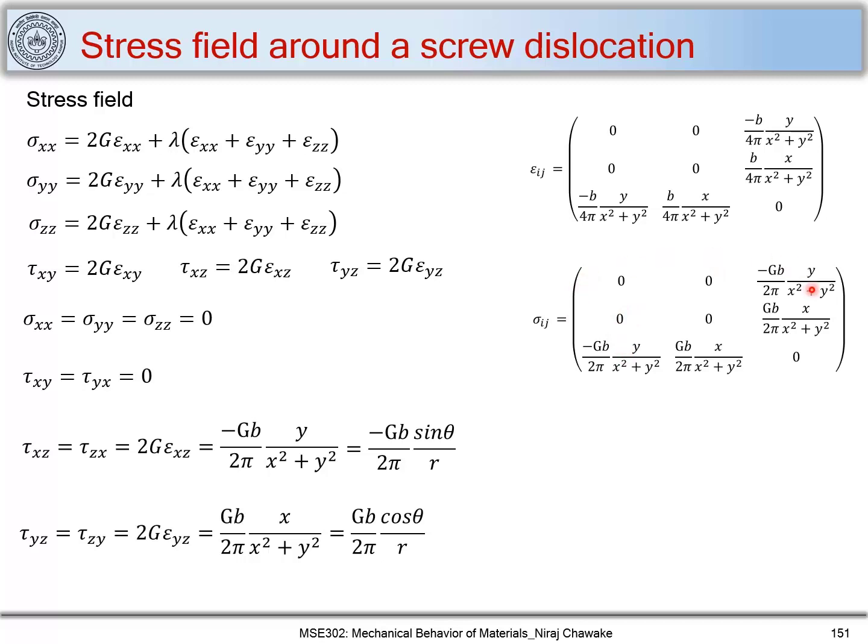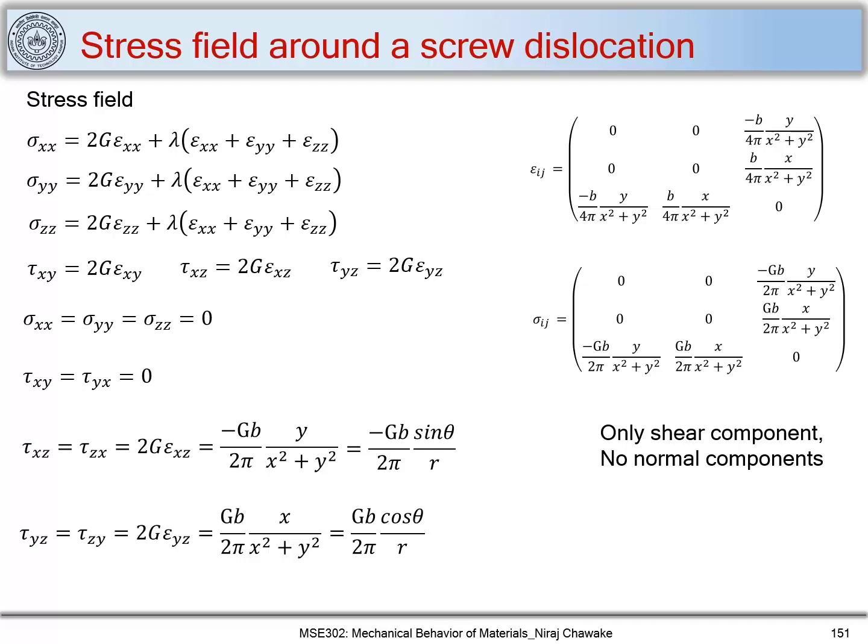So from this strain tensor or stress tensor, you can say that only shear components are present and there are no normal components. So thus the stress field around a screw dislocation has only shear components, and no normal components.